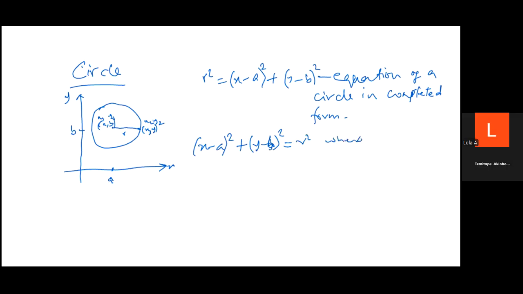A, comma B is the center and r is the radius.